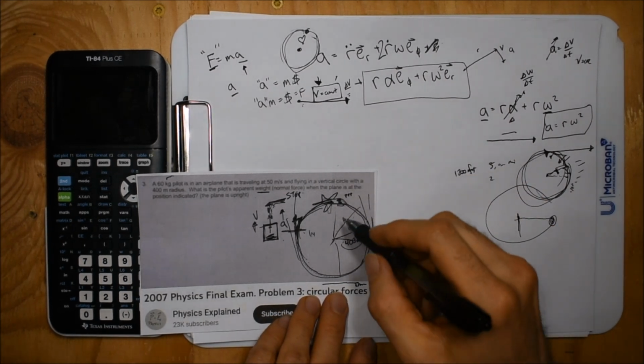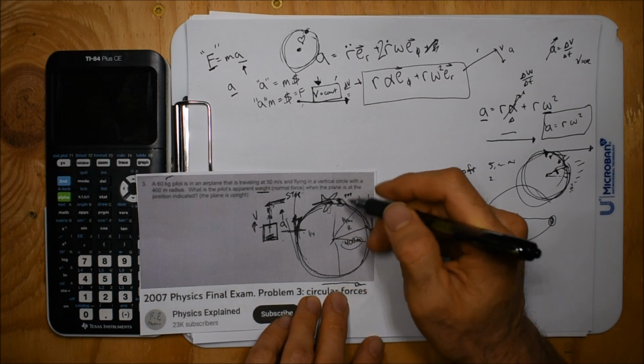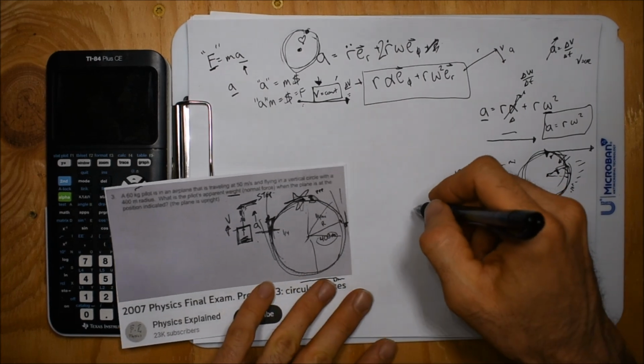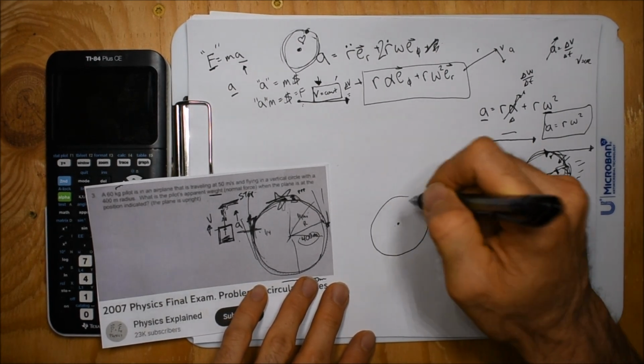But now get this. Let's say this is a horizontal circle. Or you're just in deep space, but the Earth is down there. It don't matter.